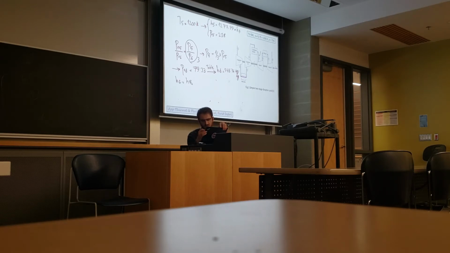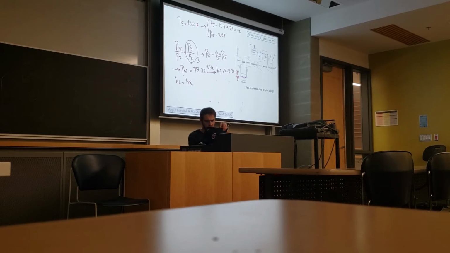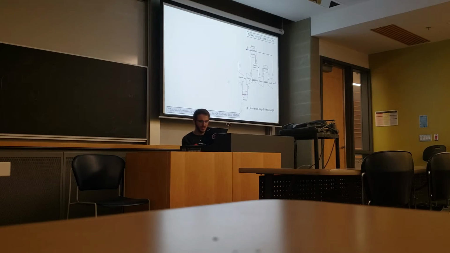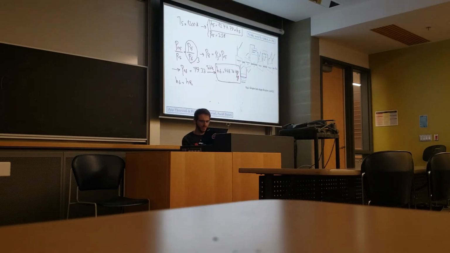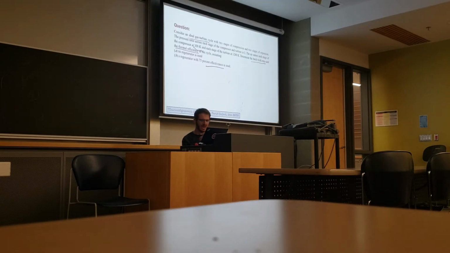So 5, 6, 7, and 8. So now we have 1, 2, 3, 4, 5, 6, 7, 8. So we have the H, and we can calculate the thermal efficiency and so on. But first, go back to the question to see what we were asked for.